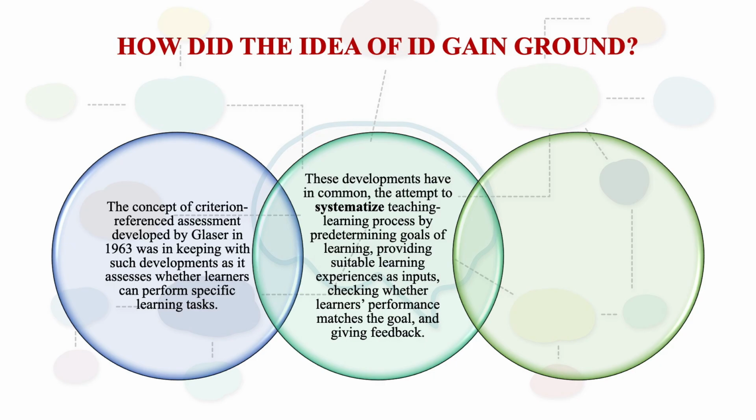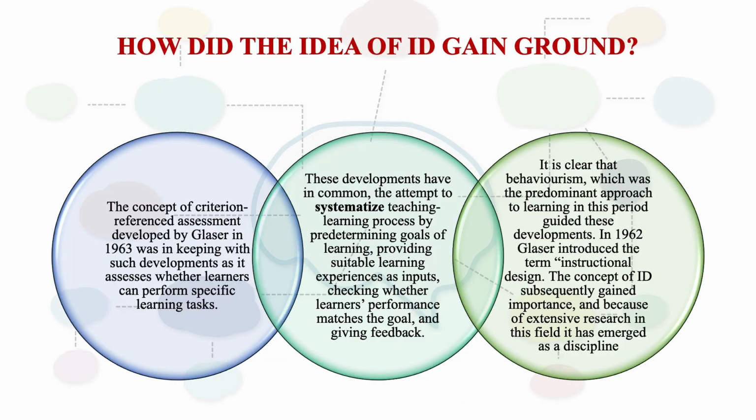The attempt to systematize teaching learning process by predetermining goals of learning, providing suitable learning experiences as inputs, checking whether learners' performance matches the goals, and providing feedback to learners so that they may bring about changes. They may go back maybe to the beginning of the module, to the beginning of the frame and learn again. It is clear that behaviorism, which was the predominant approach to learning in this period, guided these developments.